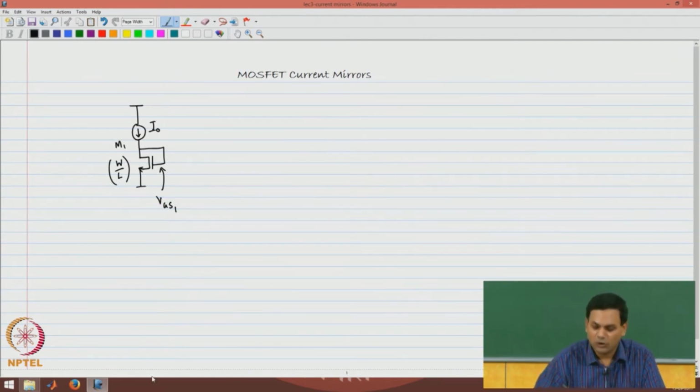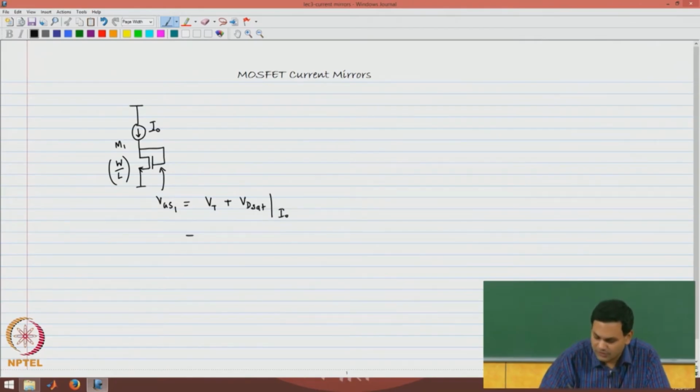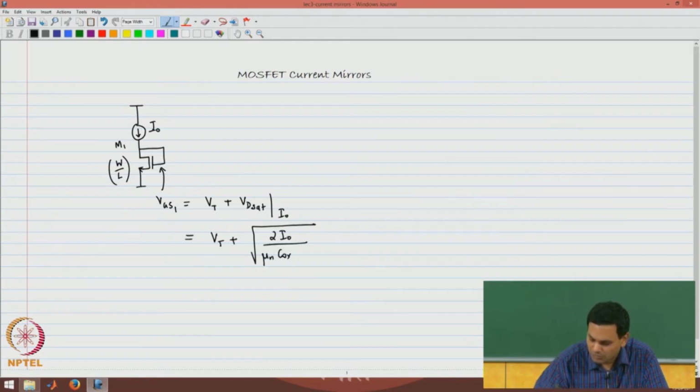This will generate a voltage VGS1 that corresponds to a drain current of I naught. So, this will clearly be Vt plus Vd sat at a current I naught. This will be the voltage generated.